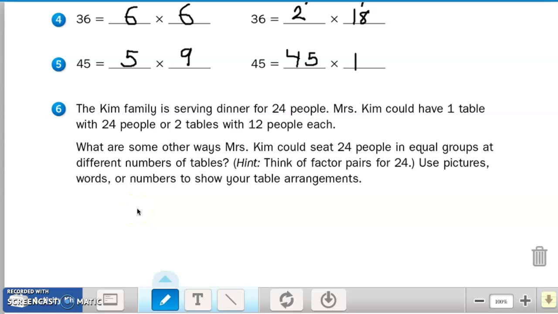So let's think about this. What's another way we could do it? We've already multiplied it by 2. We've multiplied it by 1. I want you to think of another. How about starting with 6? How many 6s could you add to make 24?